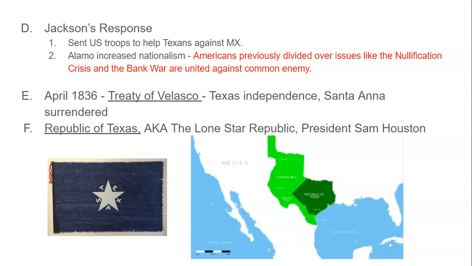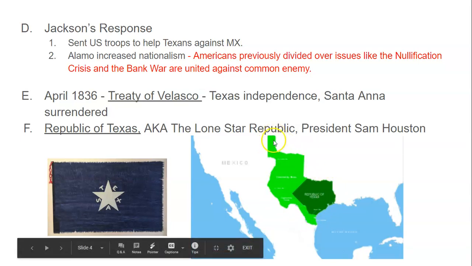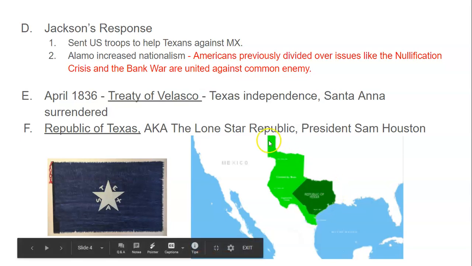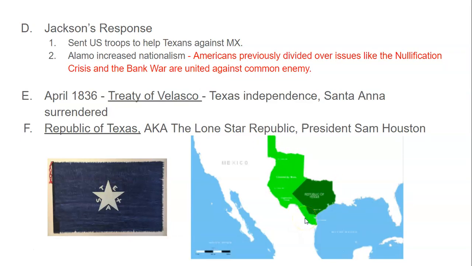So Americans, or the people living in Texas who are American, believe that the Texas Republic, or the Republic of Texas, is going to be this entire green area, the light and the dark green. However, Mexico believes that Texas is really just this area, that this whole light green part still belongs to Mexico.